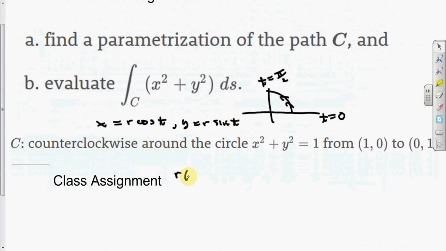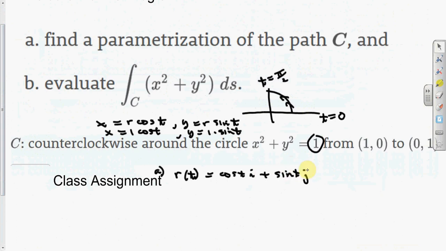So this is part A. r of t is equal to, here the radius, this little r, is 1, right? So this is 1 times cosine t, and y is 1 times sine t. So this is cosine t i plus sine t j.